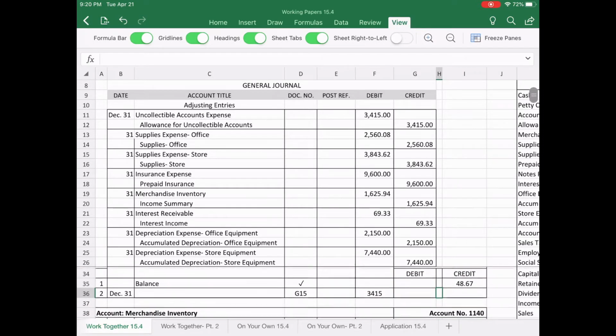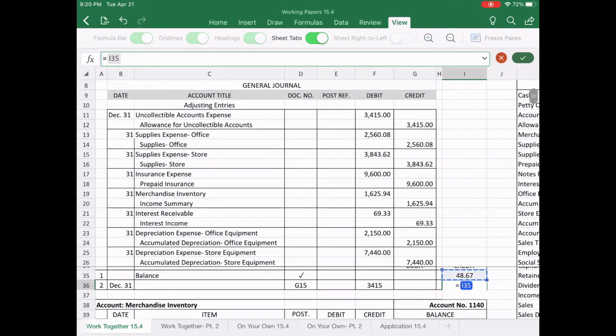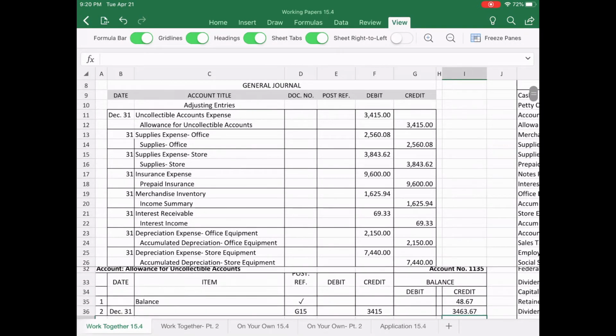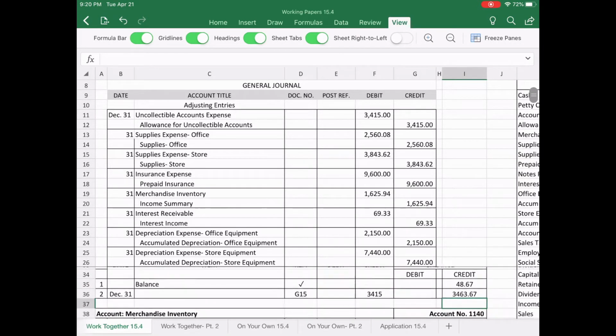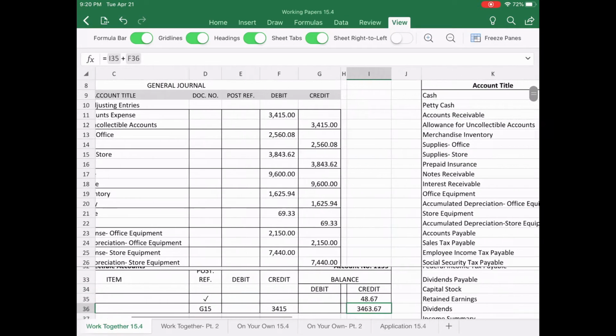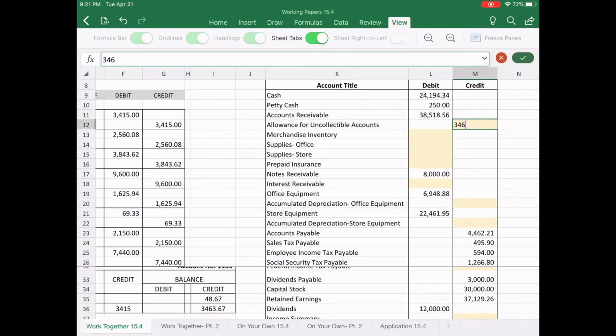Since that is a credit balance and we have a credit transaction, we're going to add those two amounts together to give us a new balance of allowance for uncollectible accounts of $34.63.67. Basically, you're going to go over here to the adjusted trial balance and record that number.